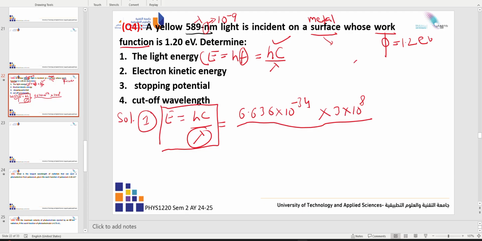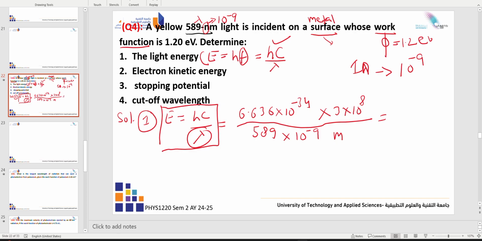So 1 nano is 10 to the power minus 9. This is 589, so I need to multiply by 10 to the power minus 9, and then it will be in the unit of meters.